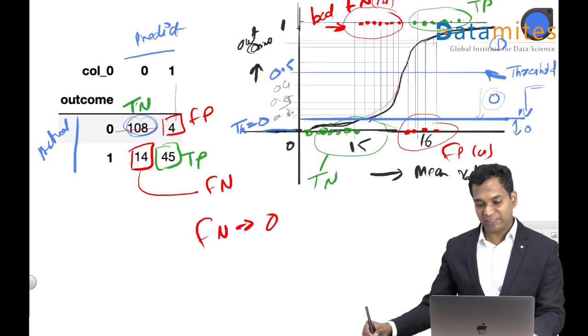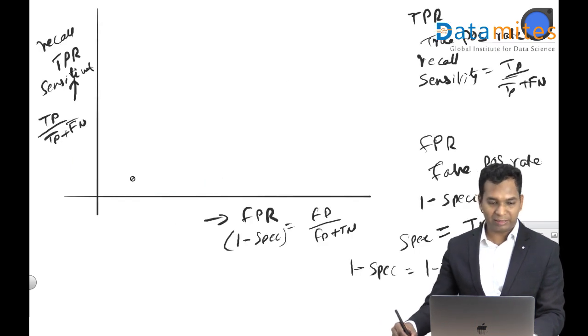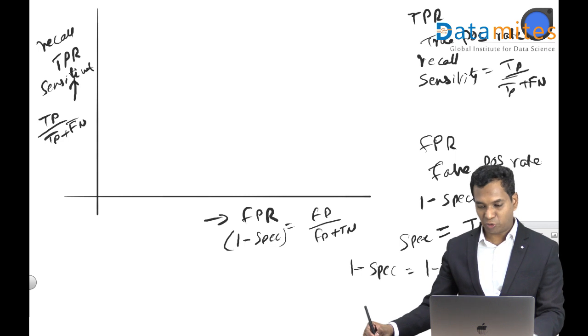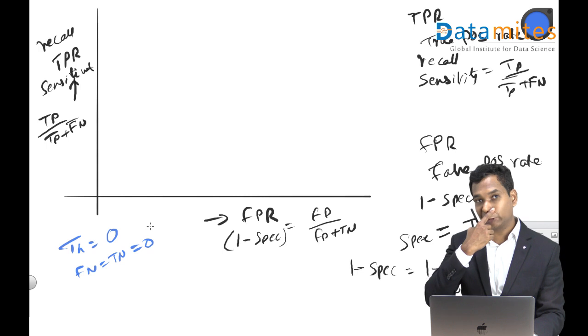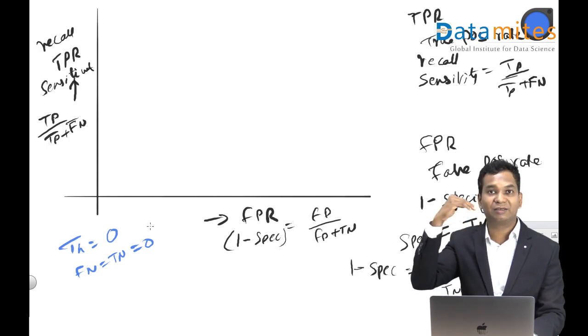When the threshold is equal to 0, both your false negative and true negative will be 0, because everything is predicted as positive.